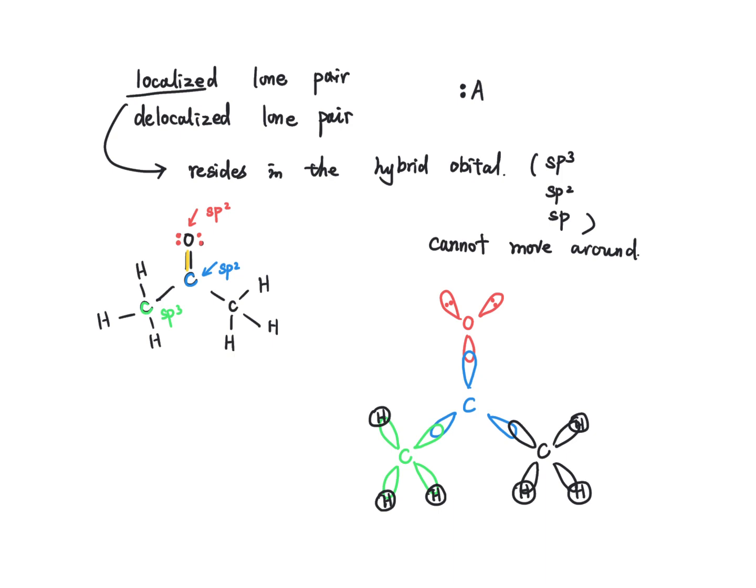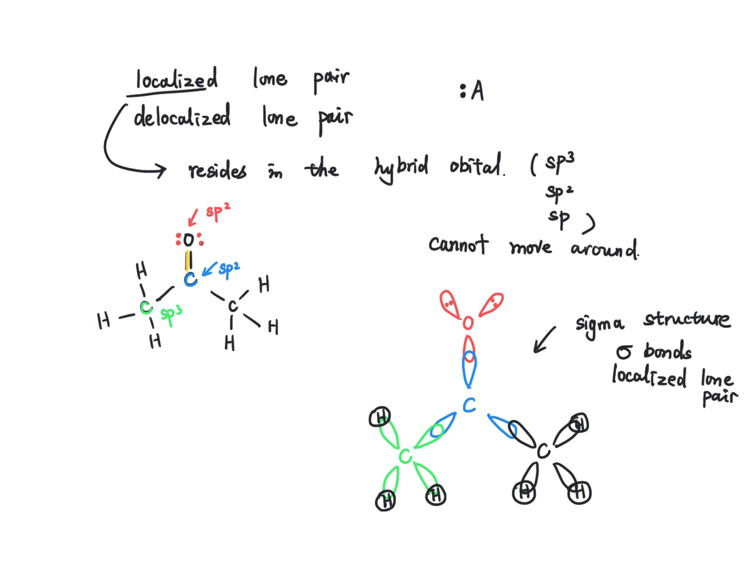What we are drawing here is a very important concept, the so-called sigma structure. The sigma structure basically shows you the backbone of this molecule. It shows you all the sigma bonds, the head-to-head overlapping of the orbitals, and it also shows you the localized lone pairs.